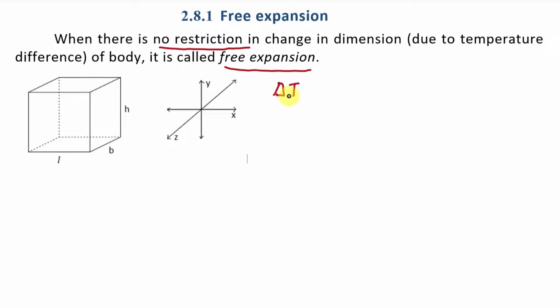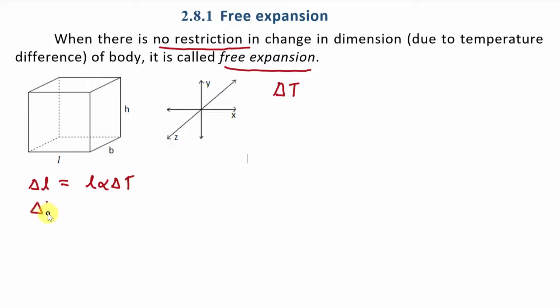Due to this temperature difference, change in length of this body, let's say it is delta L, it will be L alpha delta T, right? Here L is initial length, alpha is coefficient of thermal expansion, and delta T is change in temperature.